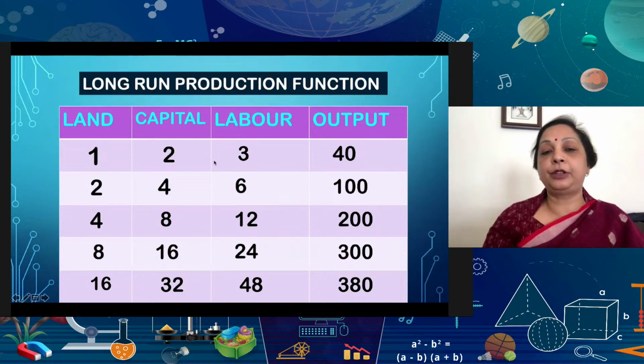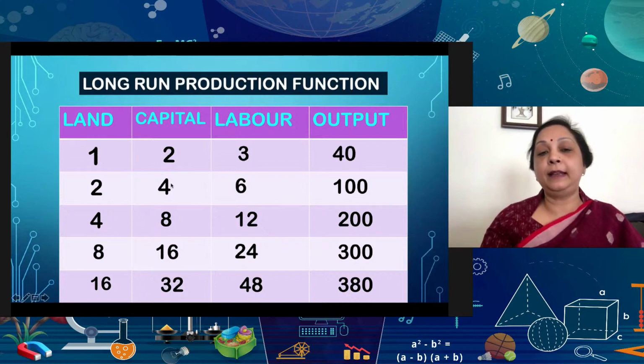Each time you see we are doubling it, so we are increasing it by 100%. You see, output is increasing from 40, it became 100. It did not become 80, it became 100. It did not double, it was more than double. So the percentage increase in output was greater than percentage increase in input. This is increasing returns to scale, and this happens because of economies of scale.